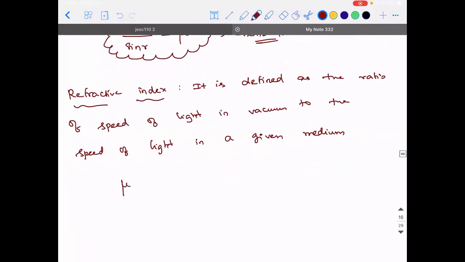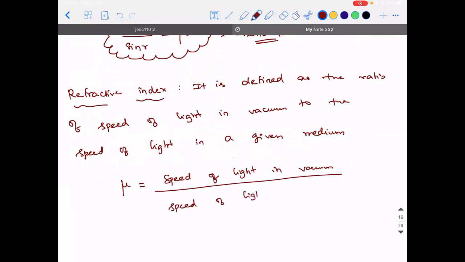So mu is written like this: speed of light in vacuum to speed of light in medium.